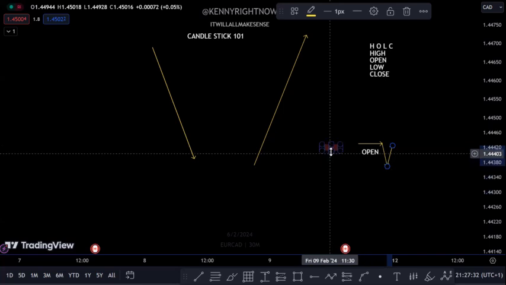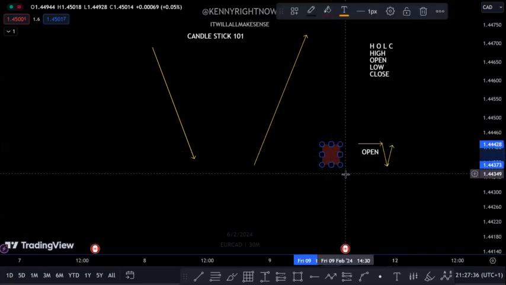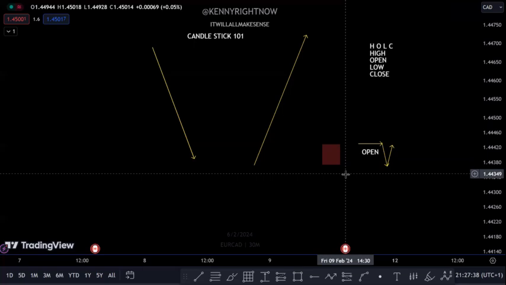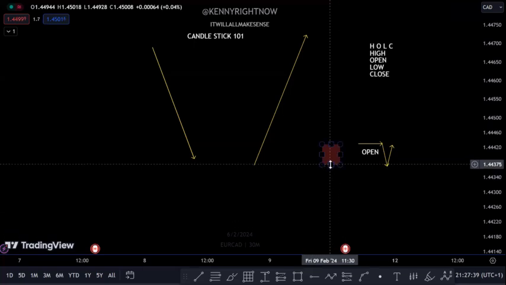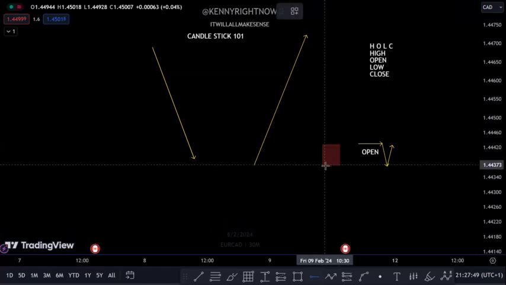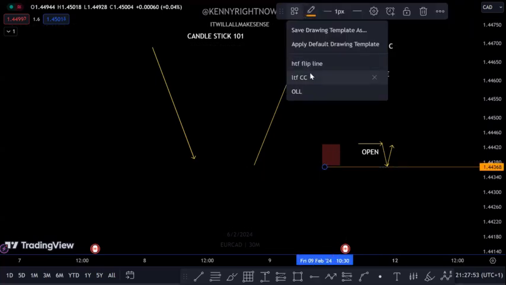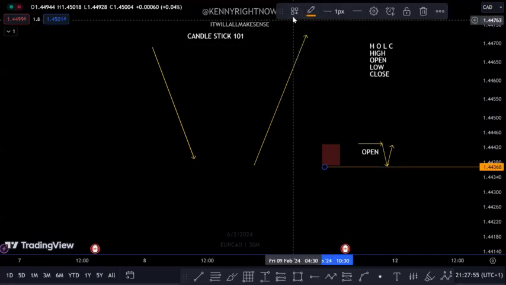If price starts going back towards the open, from that area we call that level the low, right? Because price was here last. This is as low as price got to. So from this area right here, if price is going back, this is going to be regarded as the low.